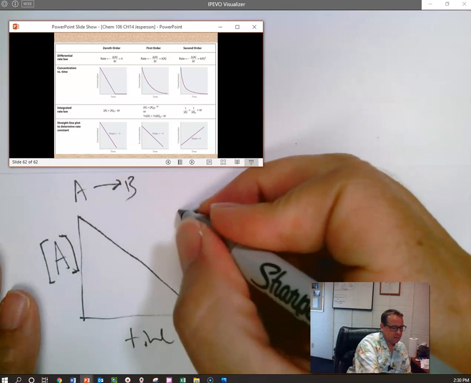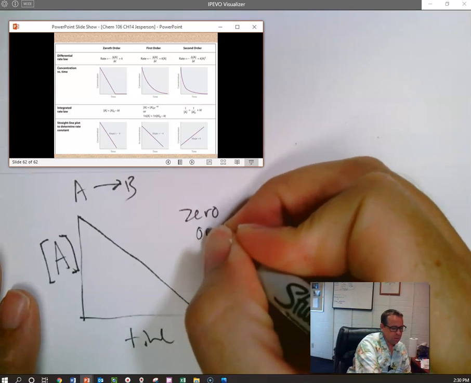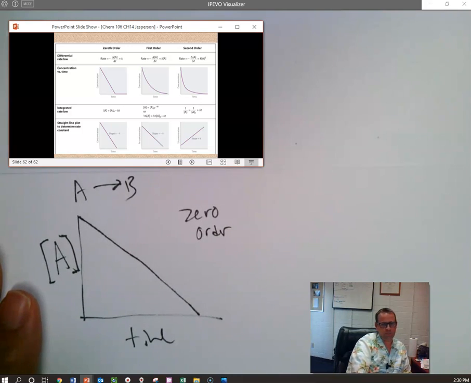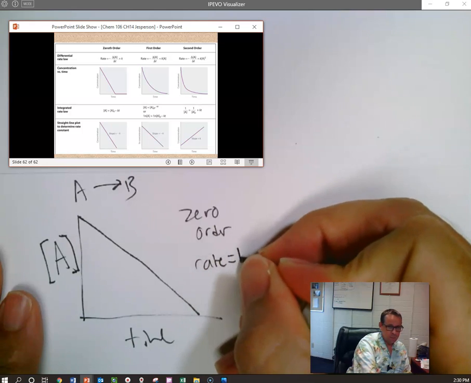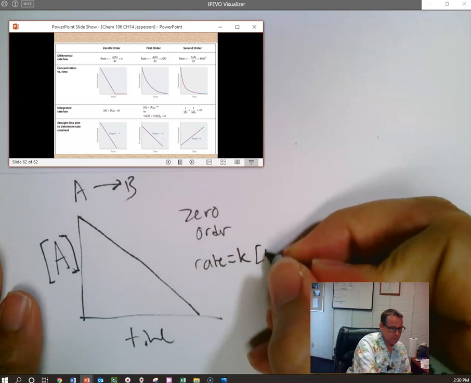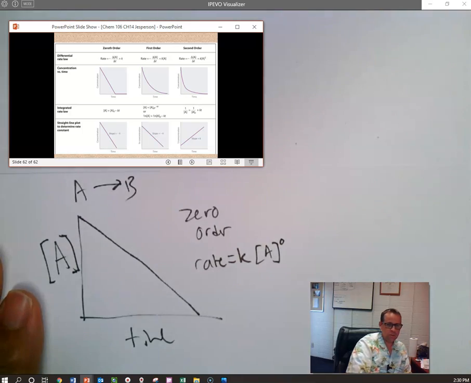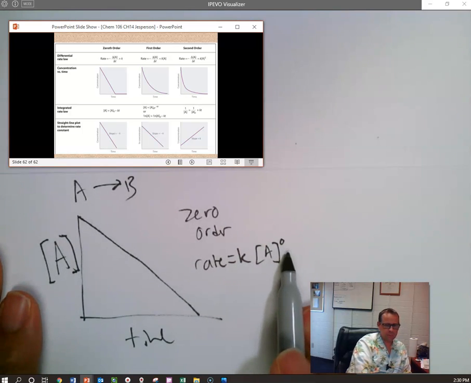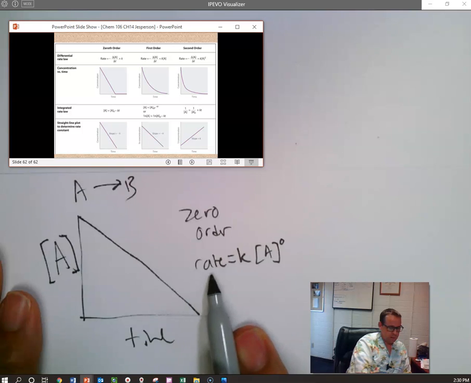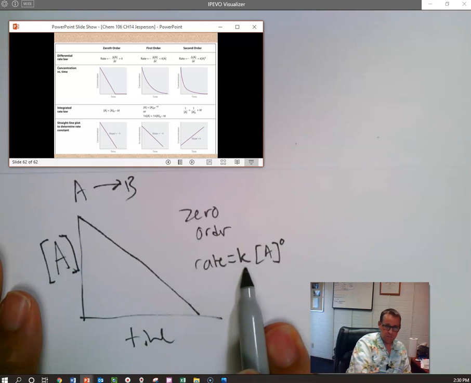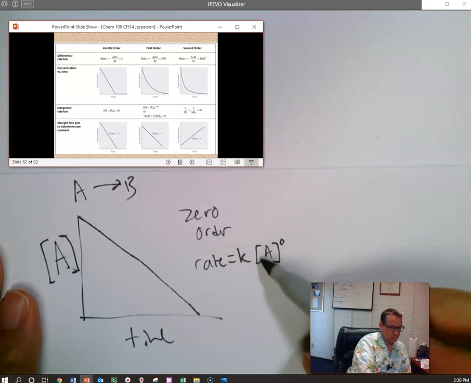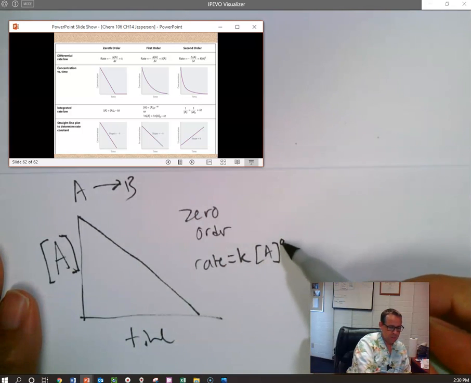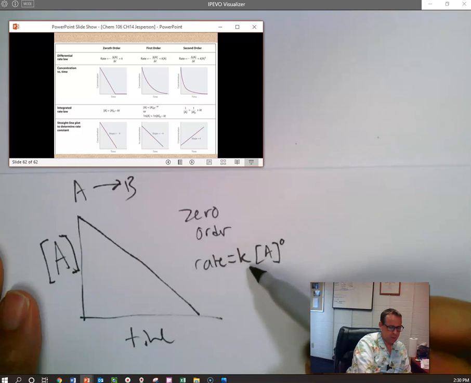And we call that a zero order reaction. It's called a zero order reaction because in the rate law for this reaction, rate will equal k times the concentration of A to the 0 power. Thus, the rate is equal to just a constant value. And no matter what the concentration is, you can put in any value here. Because it's raised to the 0, it won't alter the rate of the reaction.